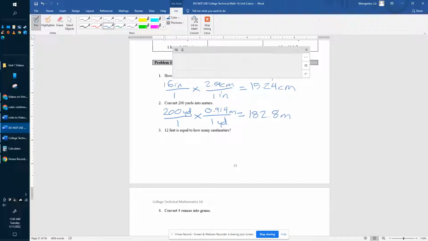I feel like it's actually going to be easier to convert from feet into meters and then meters to centimeters because we'll just have to move the decimal place. So 12 feet over 1 times how many feet in a meter? There are 3.28 feet in a meter.